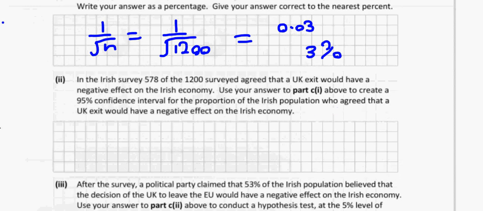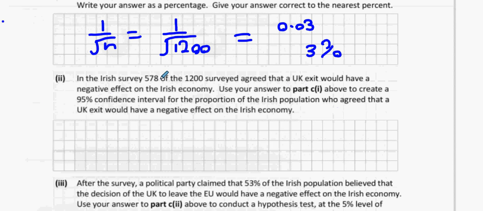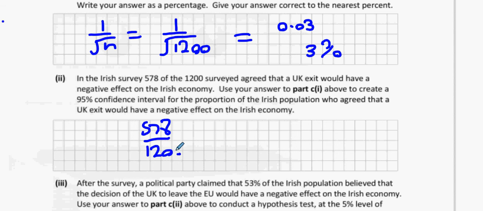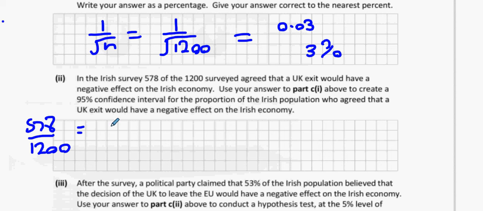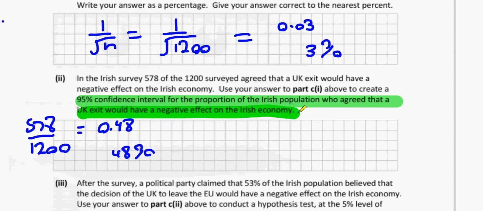Now, the Irish survey: 578 out of 1,200. So what do you get for that, once again in percentage? 0.48, which is 48%. If you read the question, it will tell us to construct the 95% confidence interval. So 48% of the population agree it has a negative effect.